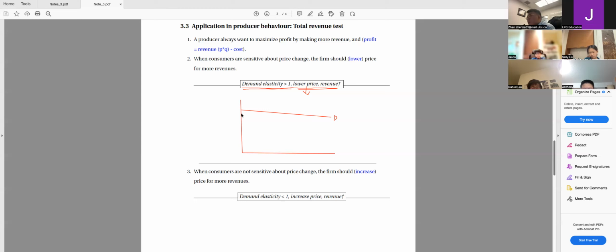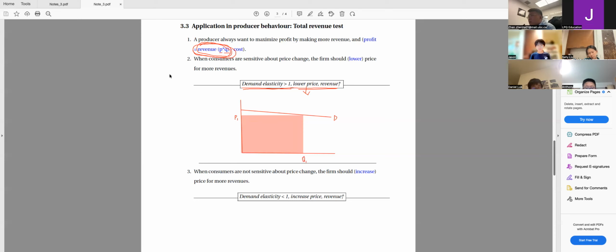Initially you set your price equal to P1 and the corresponding quantity Q1. Do you know how to calculate total business revenue? The formula is just P times Q.